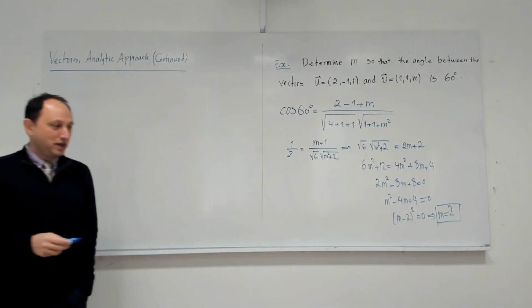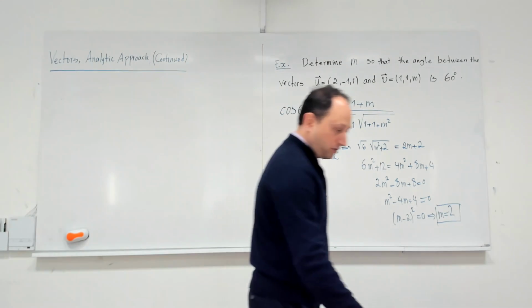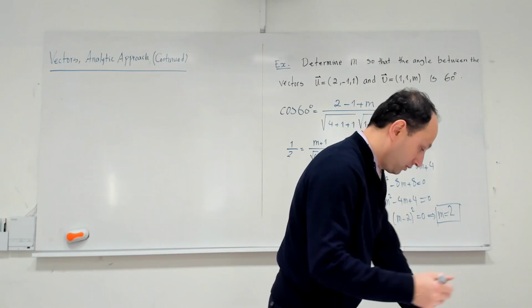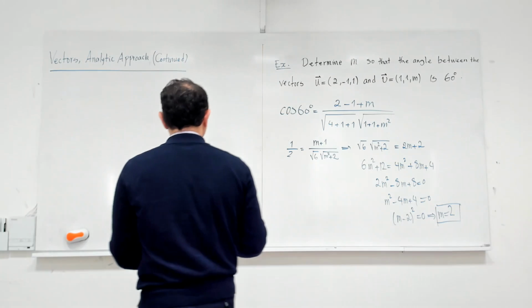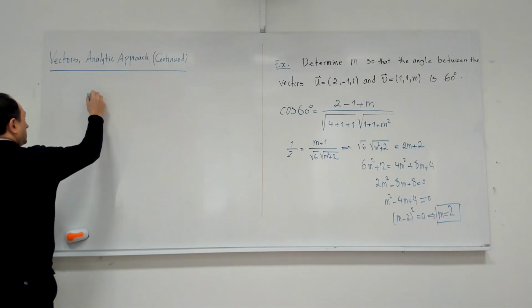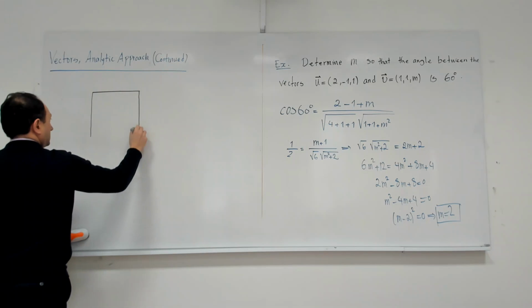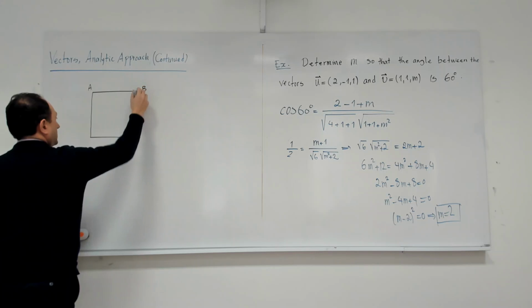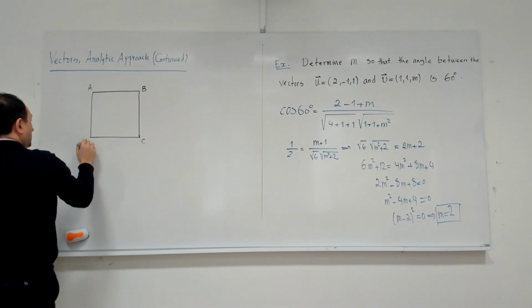Okay, now let me ask you a geometry problem, a Euclidean geometry problem. The setup is very simple. Here I have a square. It is hard to draw it precisely here, but you don't need that precision.